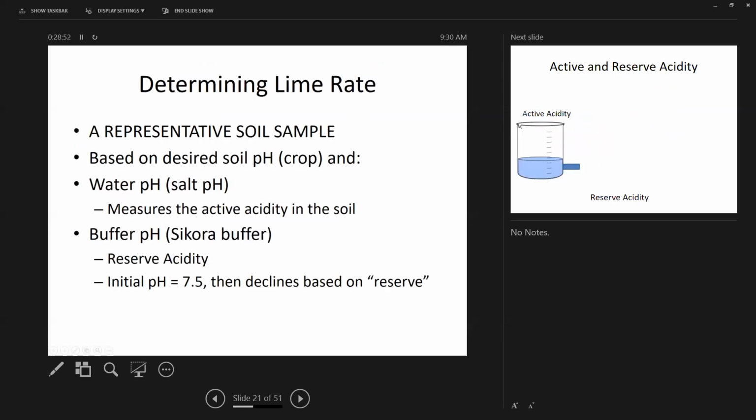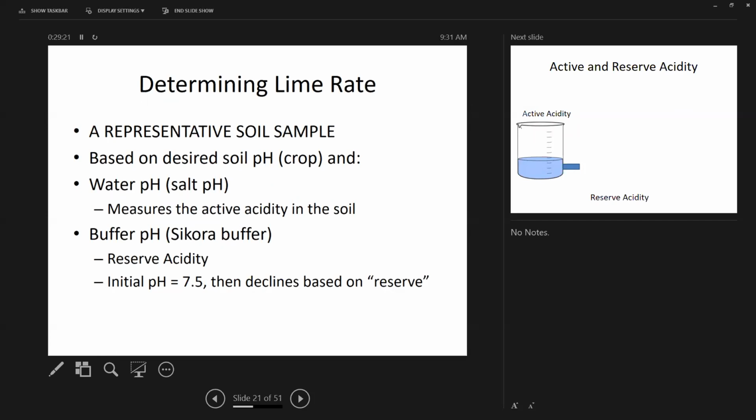So that's what's going on in a liming reaction, but how do we know the amount of lime that needs to be added? Goes back to what I talked about last week, a representative soil sample. We need to make sure that soil sample is truly identifying that area of interest. So we're going to assume we have a representative soil sample. Then that lime rate is going to be determined by what crop we're growing.